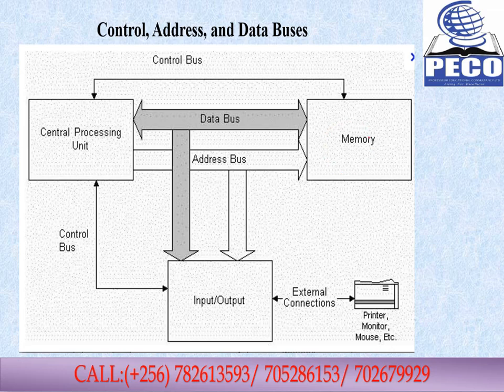Within here there is also a central processing unit. They show you that there is the address bus, whereby that channel alone carries the address of a particular location of the main memory.